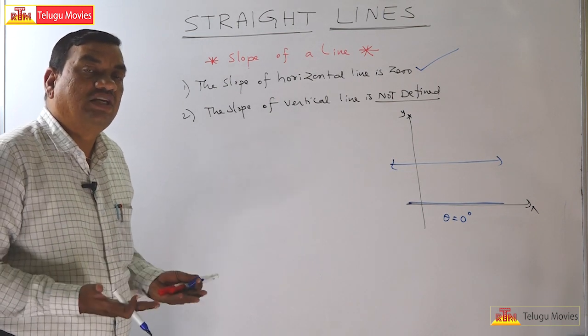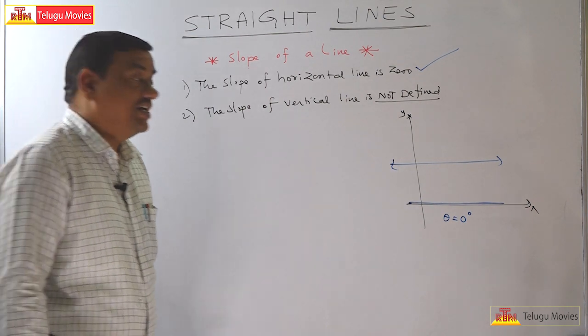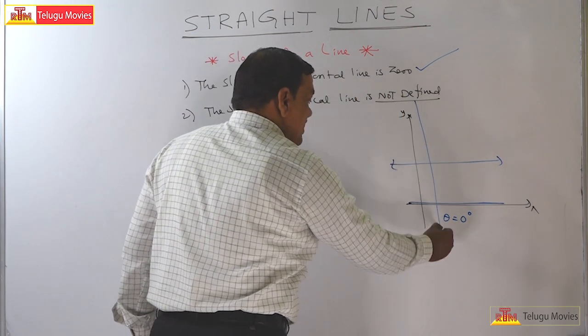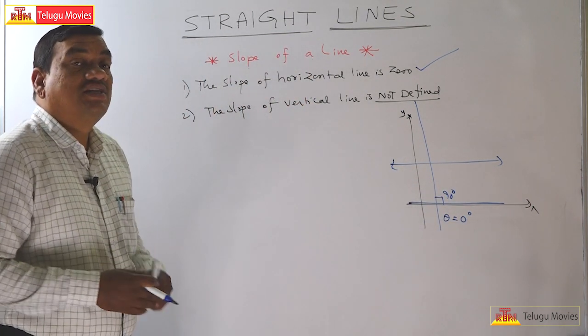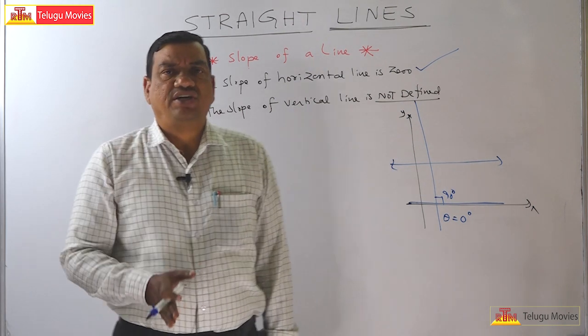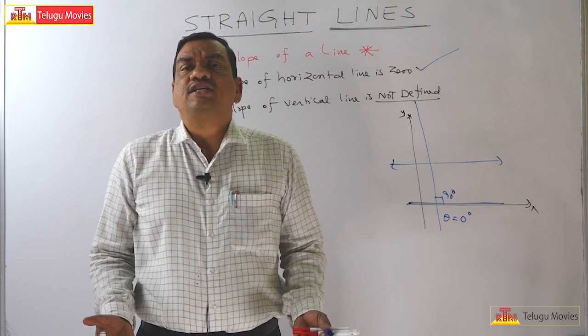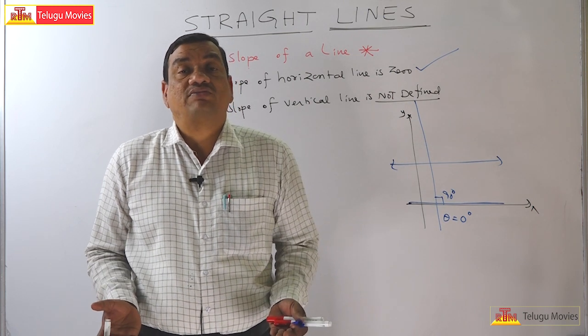No slope, nothing. Okay. Now the vertical line: the angle is 90 degrees. Why? Let us see the vertical line. This makes an angle of 90 degrees with the x-axis. What is tan 90? Not defined. If there is any straight vertical line, can you define the slope? We cannot define that slope. That's why it is not defined.